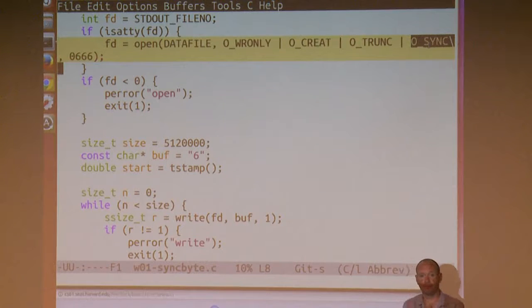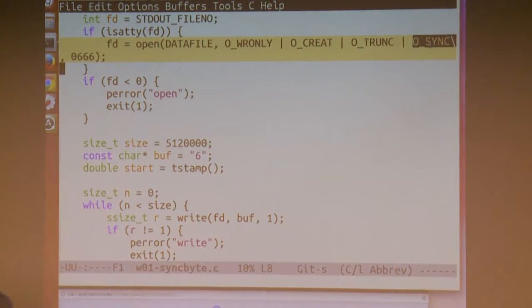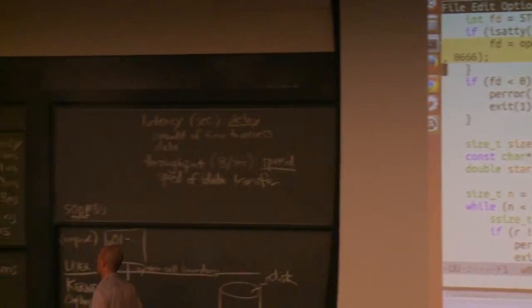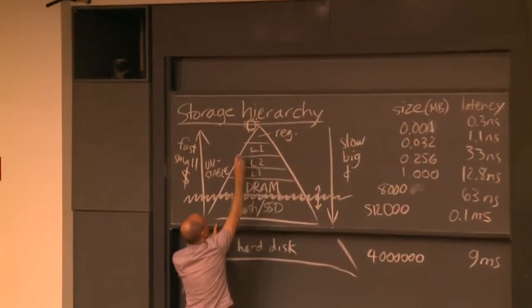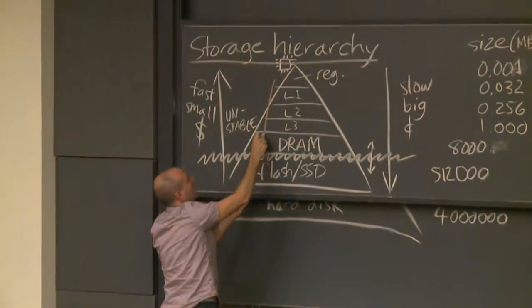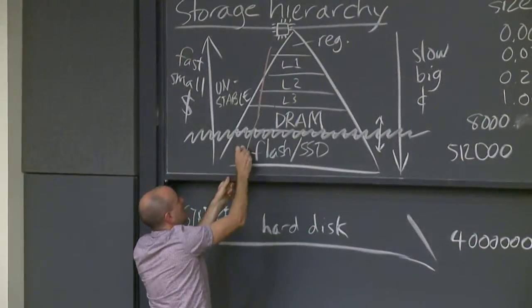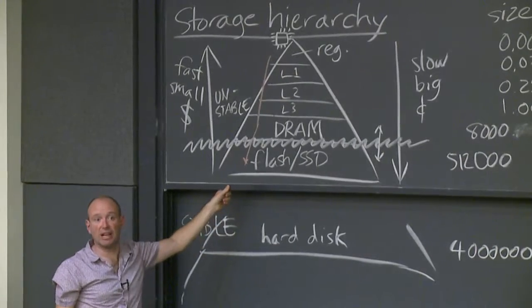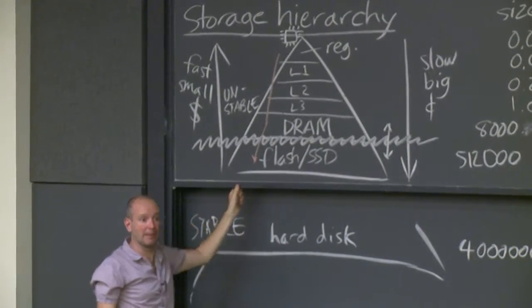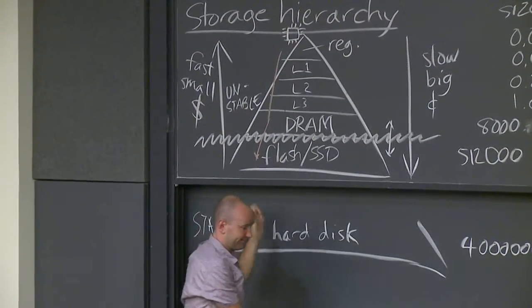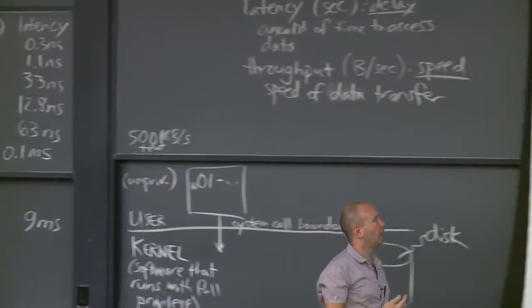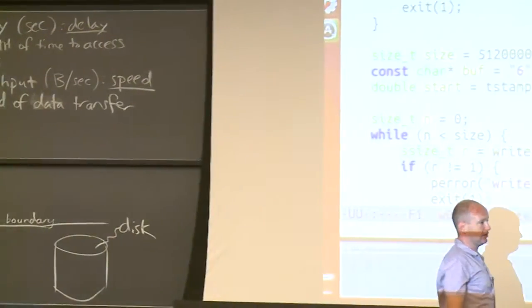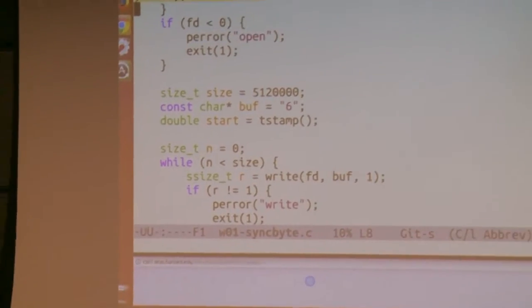So what that flag says is that every write to the file is going to make its way all the way from registers out through DRAM, down, in this case, to flash and back. Every single write. Let's run this program and see how fast it is.